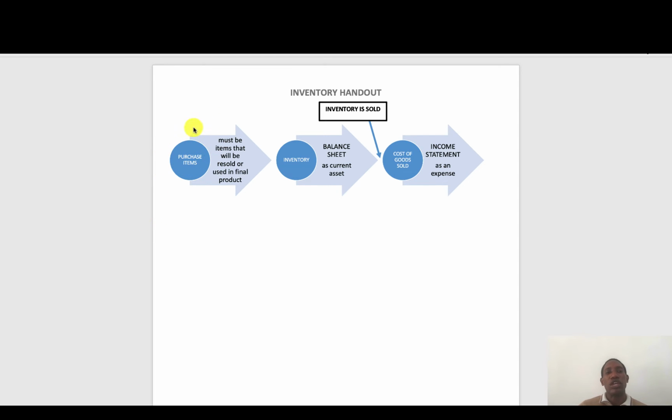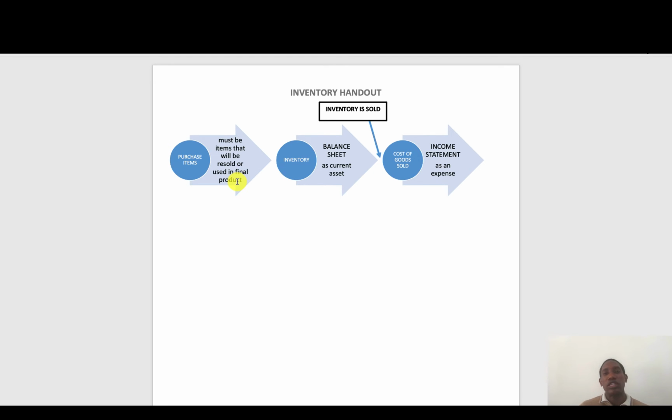One entity, Walmart, Target, Barnes & Noble, purchases items for the purpose of reselling. In order for something to be inventory, the item must be purchased with the intention of either being resold or used in the final product. When Barnes & Noble buys a book, the goal is to sell that book.